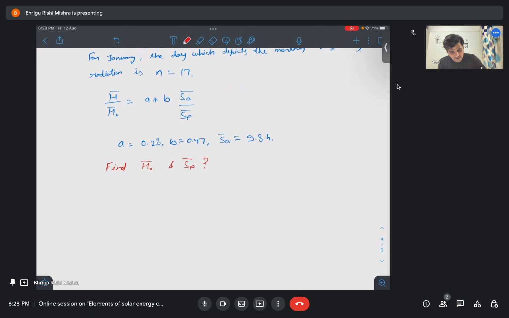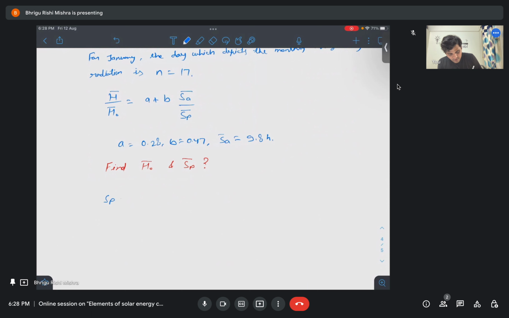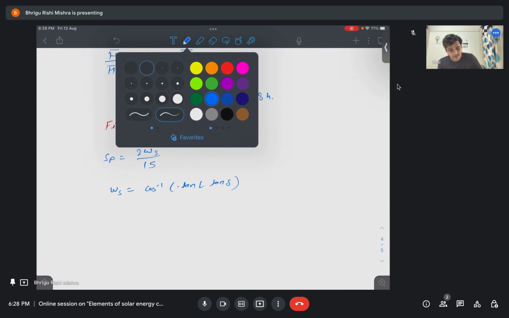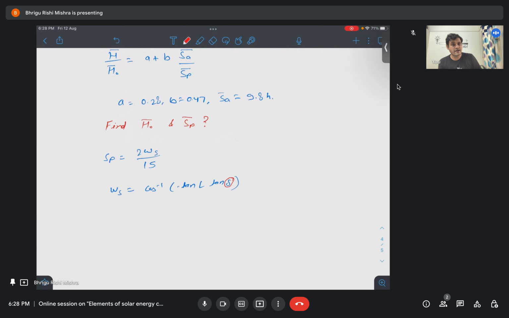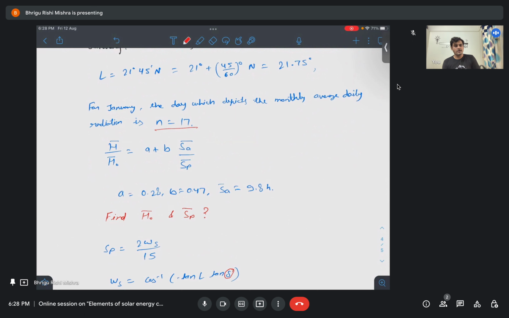So first let's calculate S P. S P is 2 omega s by 15. So we need to calculate omega s, and omega s is given as cos inverse of minus tan L tan delta. So we need to calculate delta first, that is the declination angle, and since we know n is 17, we can calculate delta for that day.